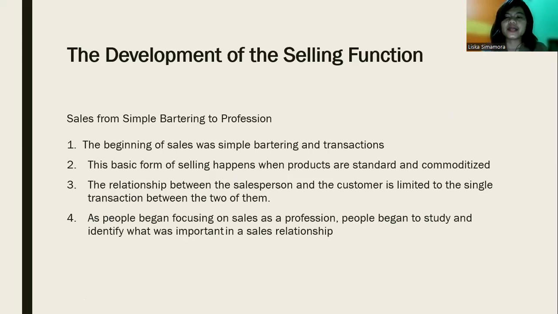It means the seller and the consumer have a limited relationship, just like I sell the things and you buy it. But now the relationship between salesperson and customer is more complex.